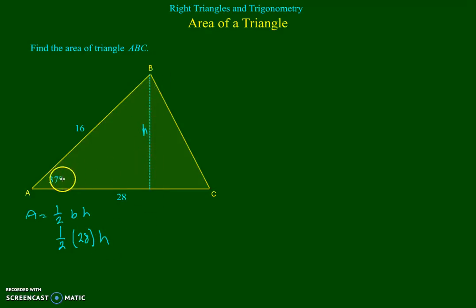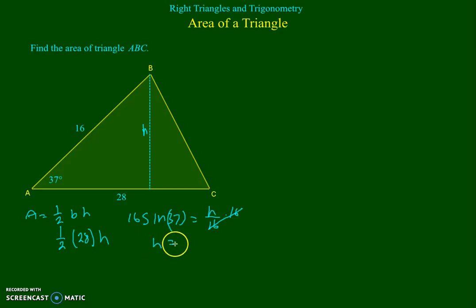So I have this angle, and I'm looking for this, and I have this side length. So SOH: we can say that sine 37 equals H over 16, multiplying by 16.